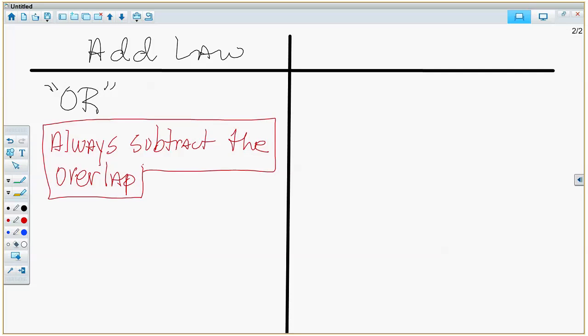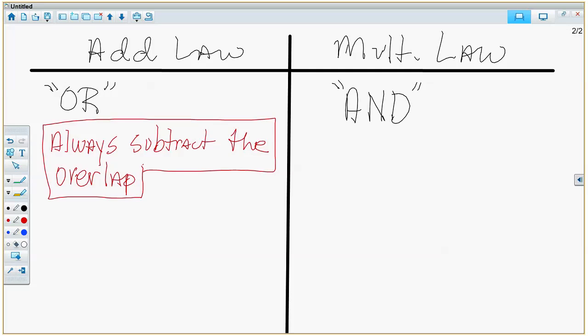Now, with the multiplicative law, we're talking about the word and. What is the probability of a blue and a red marble? Usually this and this or is going to be in the last few words of the question: what is the probability of blank and blank?